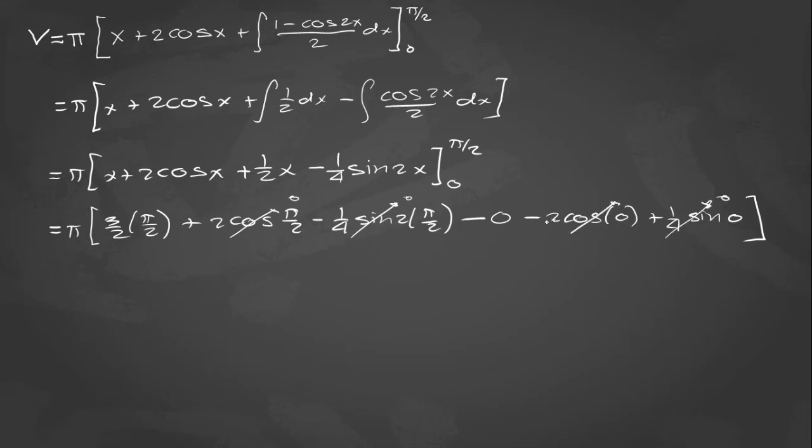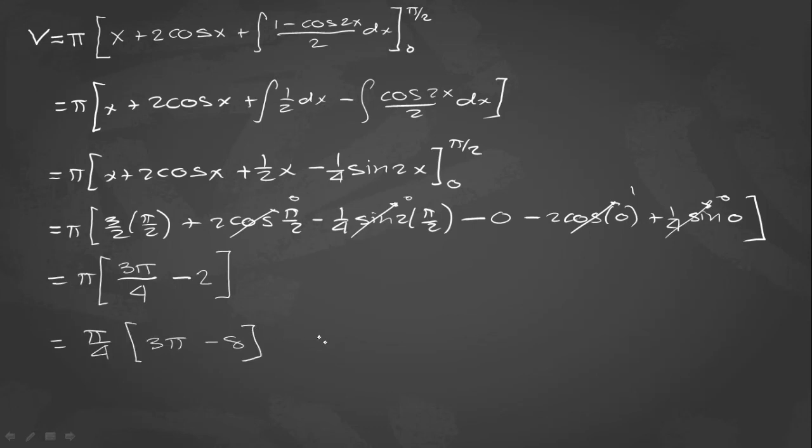So we are left with pi times (3 pi over 4, then 0, 0, 0, and 1 multiplied by 2 gives negative 2). Further simplifying, we can also write this as pi over 4 multiplied by (3 pi minus 8) cubic units. So this will become our volume.